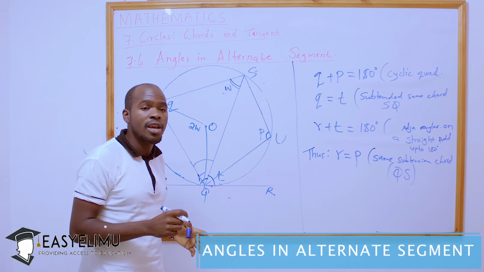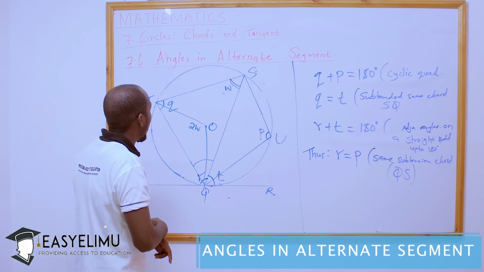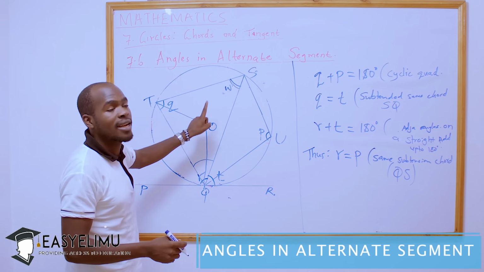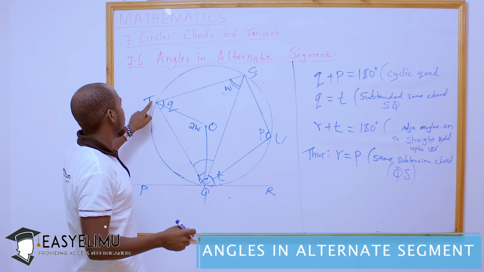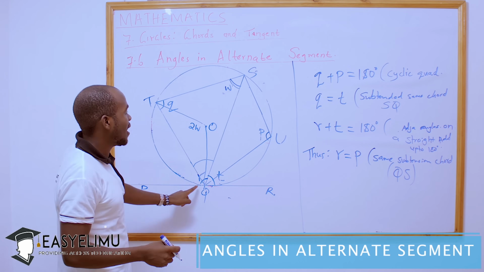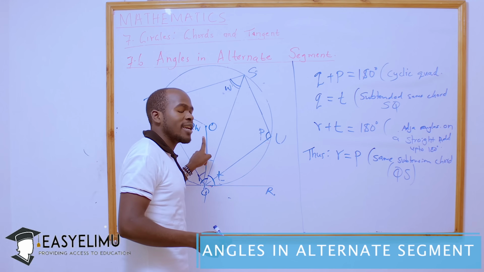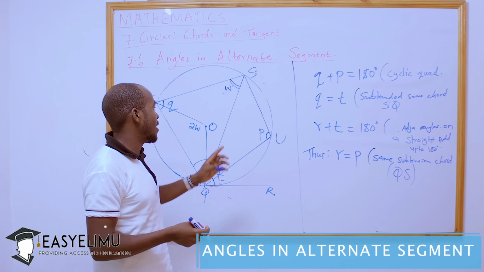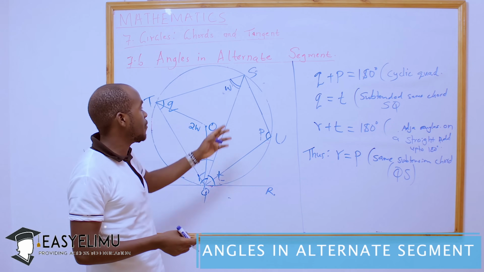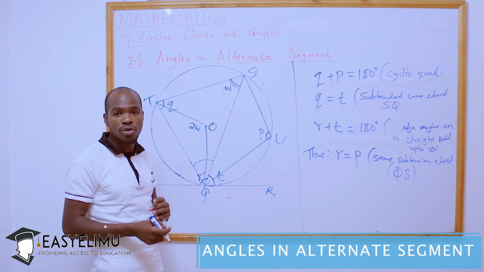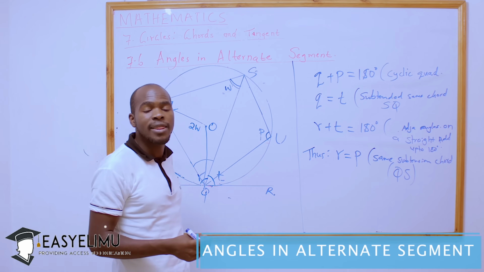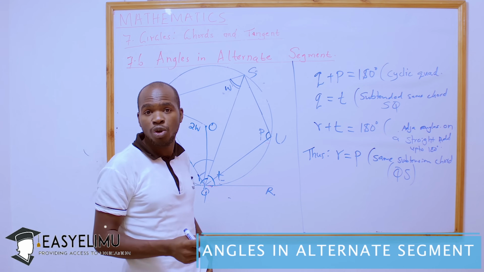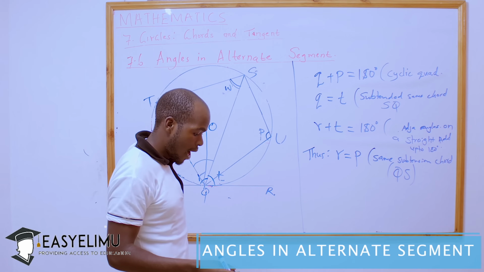If you have an angle subtended at the center and at the circumference with the same chord or arc length, then the angle at the center of that circle is twice that at the circumference. So if this one is W, this one will be 2W. That rule applies throughout, and if you encounter some questions, you may use that one to work out.